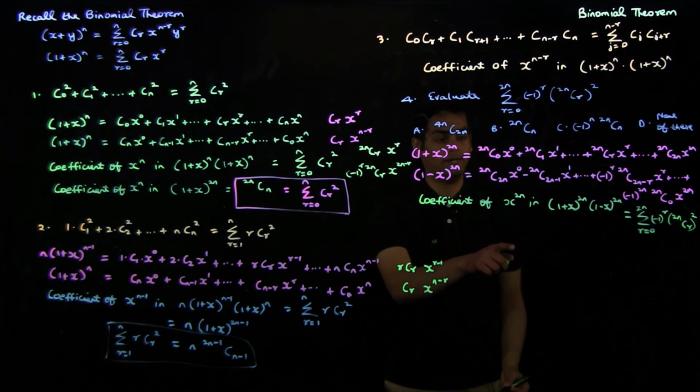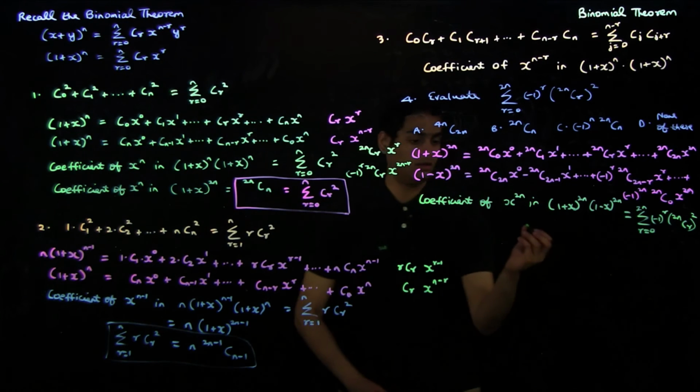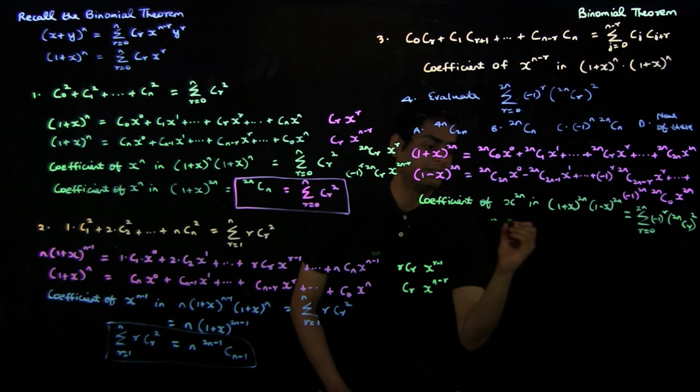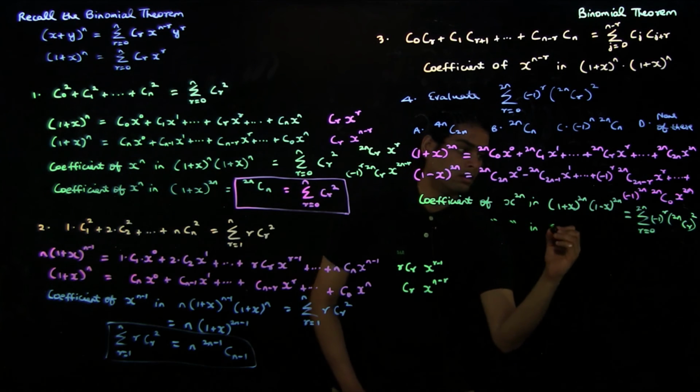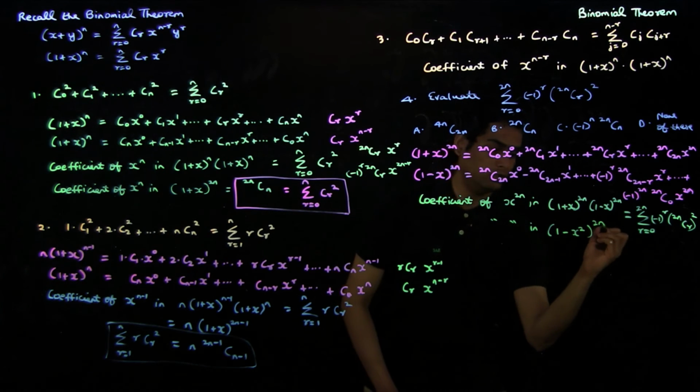So we would like to evaluate the left hand side based on the application of the binomial theorem. And the left hand side is nothing but the coefficient of x power 2n in 1 minus x square the whole power 2n.